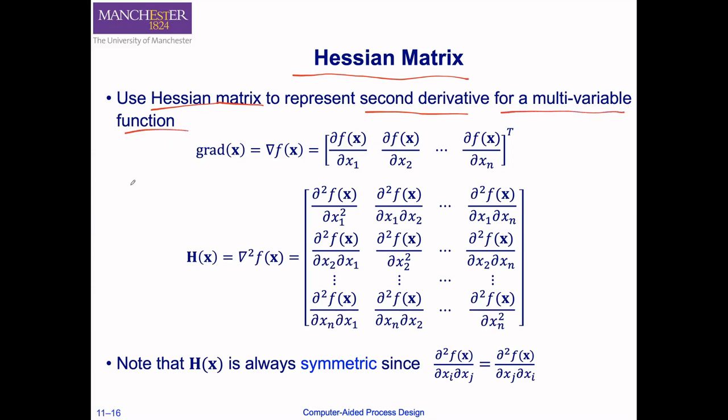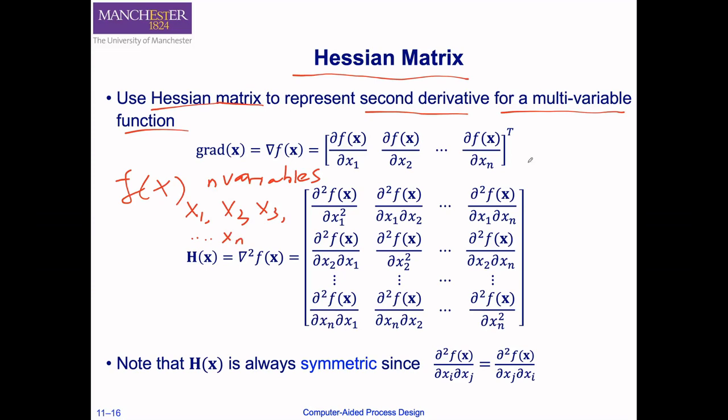If we have a multivariable function f(x), in this function f(x) we have n variables, which are denoted as x1, x2, x3, and xn.